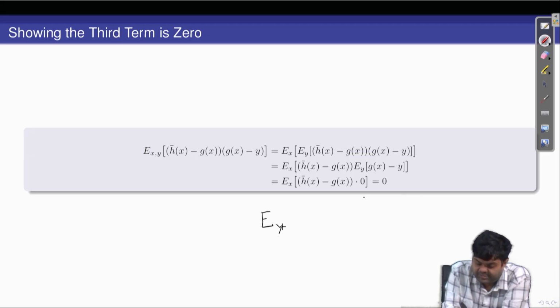All you have to observe is the expected value with respect to x of the expected value over y of (the expected value of y given x minus y), where you are taking the expected value with respect to the conditional distribution.